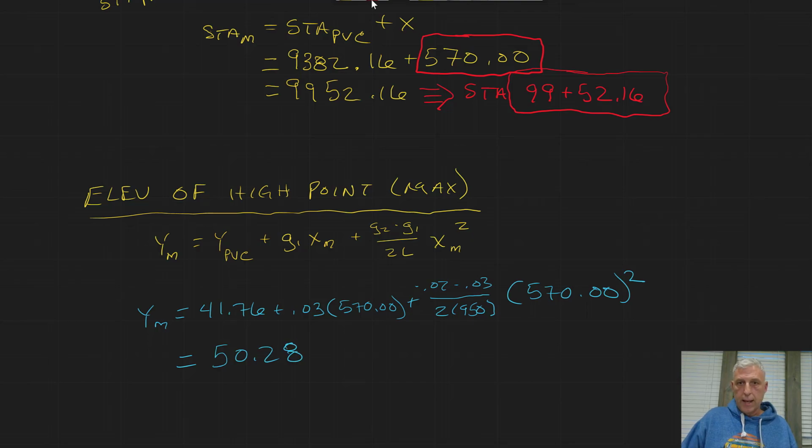And as I figured above, that happens at station 99 plus 52.16. So there's no difficult math in here.